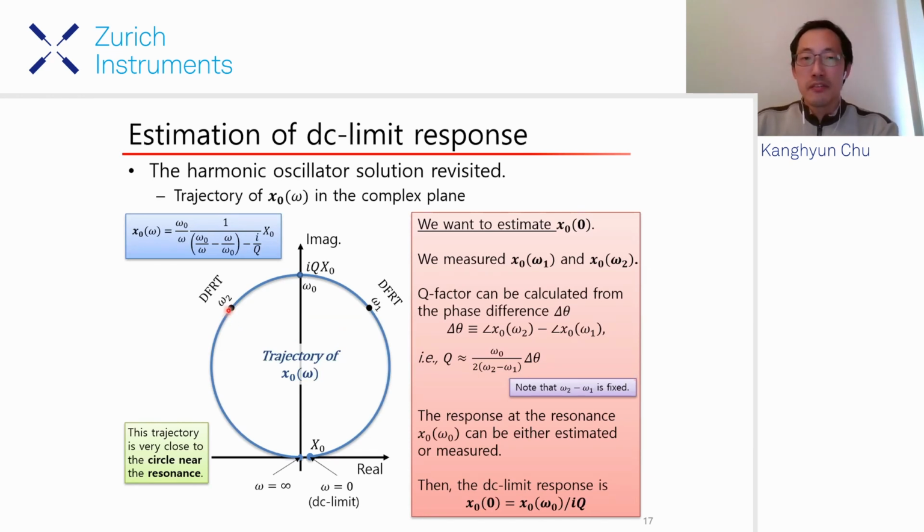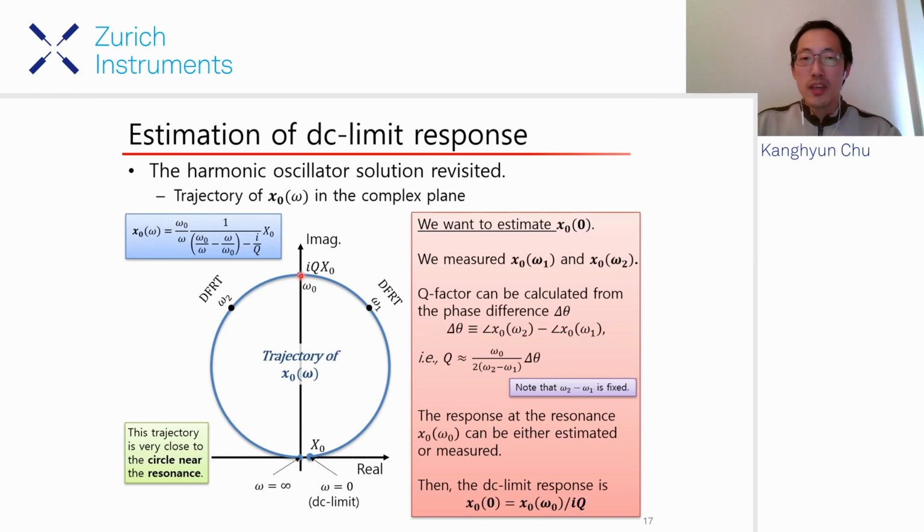And since this is a circle, we can estimate the response at the resonance frequency by drawing the circle. So we have this point, and as we go to infinite frequency, we hit the origin. So based on 3 points, we can draw a circle, and we can estimate the resonance frequency response.